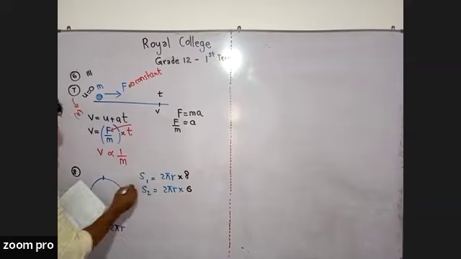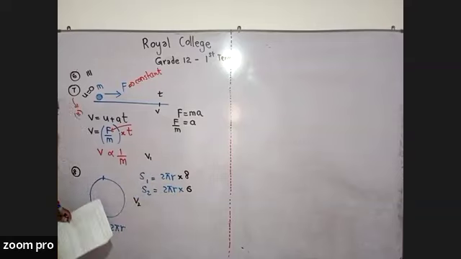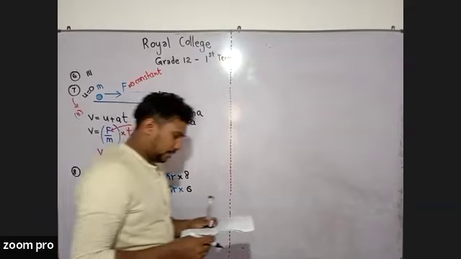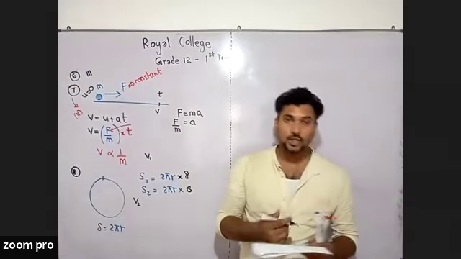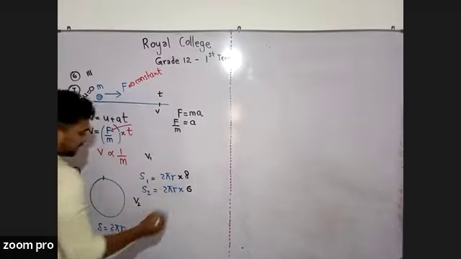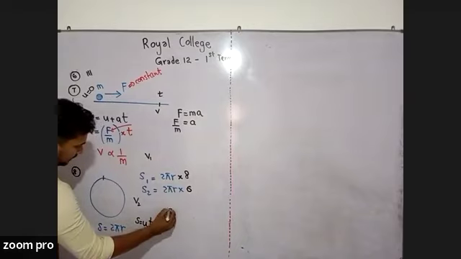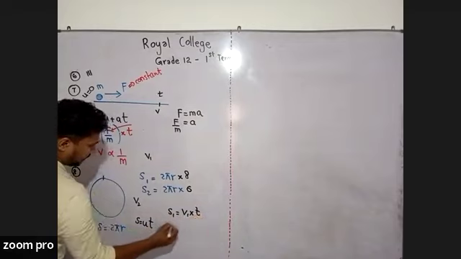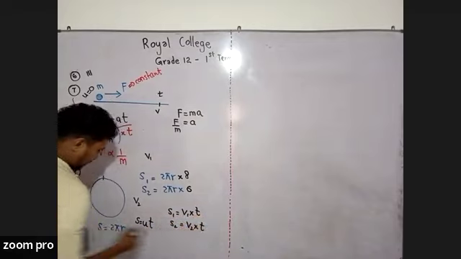Let's assume the velocity of the first student as v1 and the velocity of the second student as v2. Both students move with a constant speed, right? That means we can apply this equation, isn't it? x equal to ut. Then s1 equal to v1 into t, and s2 equal to v2 into t, right?